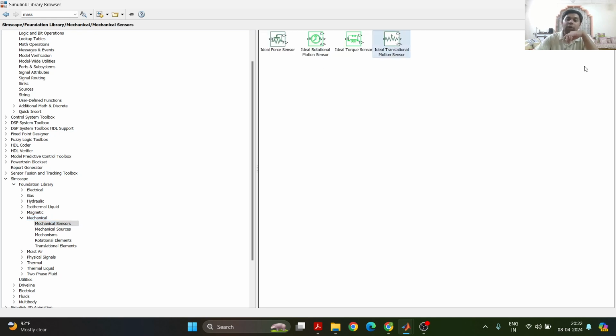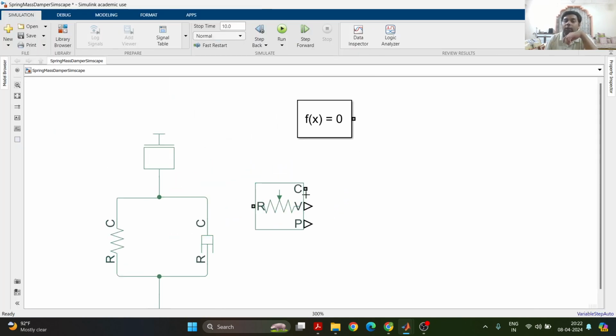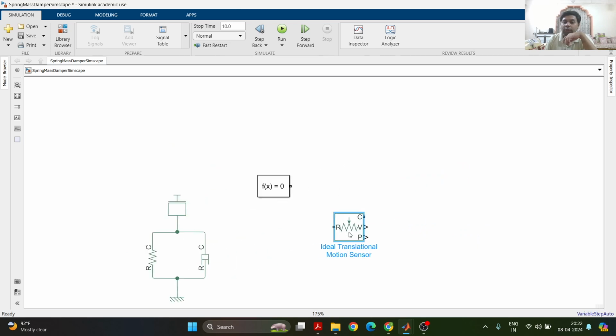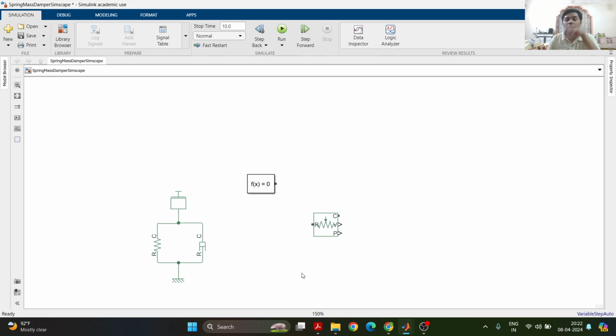And in order to read the displacement or velocity or whatever, we need this ideal translational motion sensor block to read the actual values of the displacement or velocity.